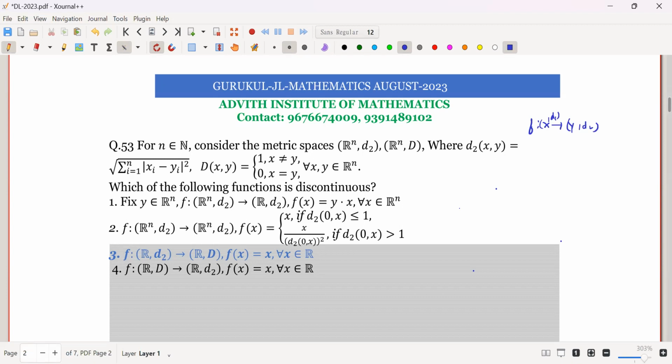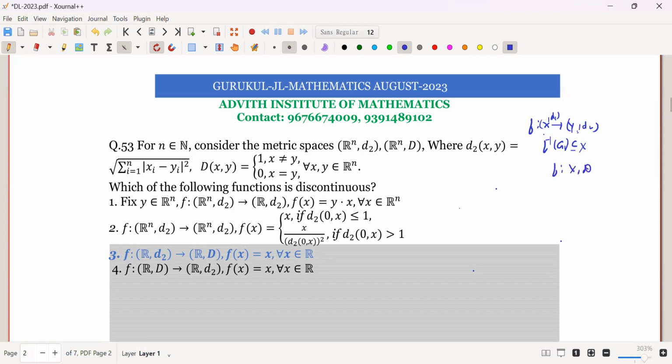A function f is said to be continuous if the inverse image of any open set in Y is also open in X. If G is any open set in Y, then its inverse image is also open in X. Or, if you take any closed set in Y, its inverse image is also closed in X. Then we can say that the given function is continuous.